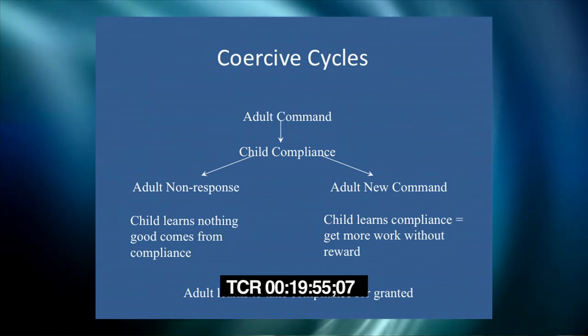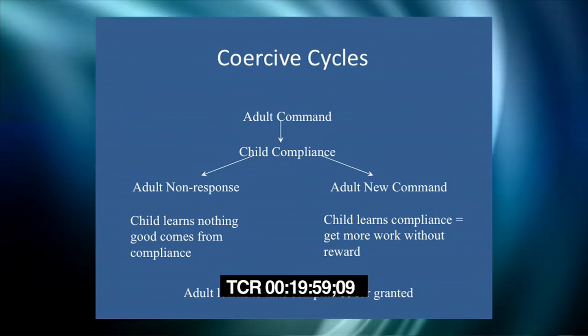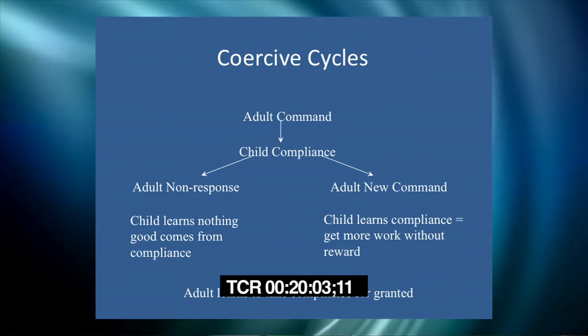Again, not each and every time. But an adult gives a command, a child's compliant, the adult gives a new command. Child learns that compliance means I get more work put upon me. So if work is something that reduces behavior over time, because it's aversive to the child, we're doing a positive punishment. We might be decreasing compliance over time by adding more and more. Does that make sense? Okay.